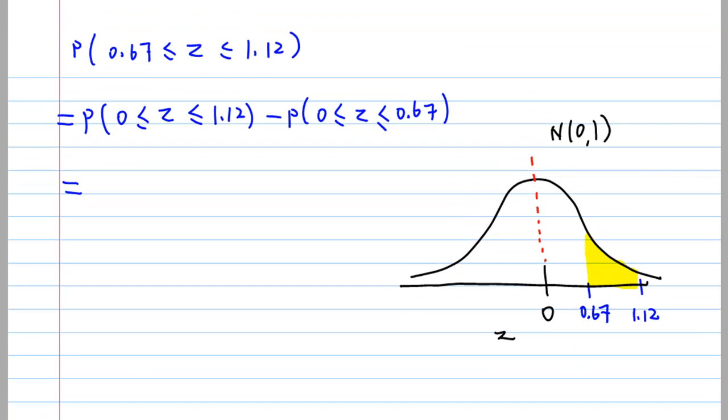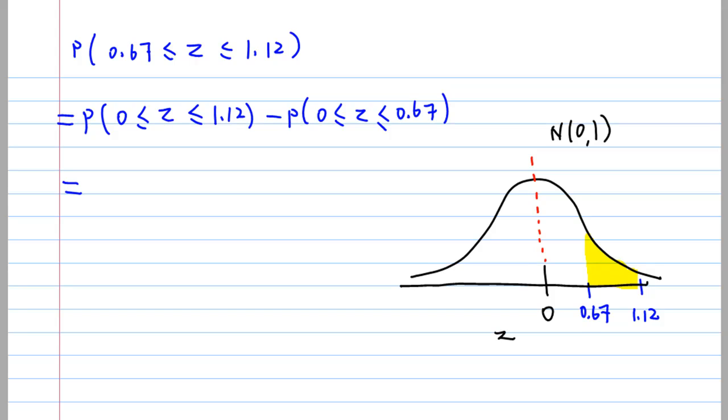How do we find the probability of z between 0.67 and 1.12? As shown in the diagram here, I want the yellow area. Now this is the same as the area from 0 to 1.12 minus the area from 0 to 0.67.